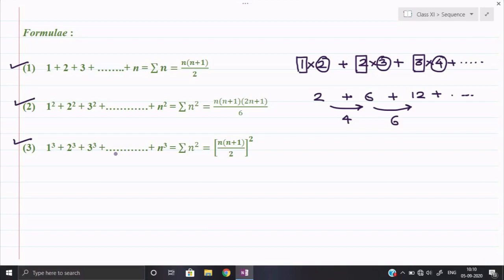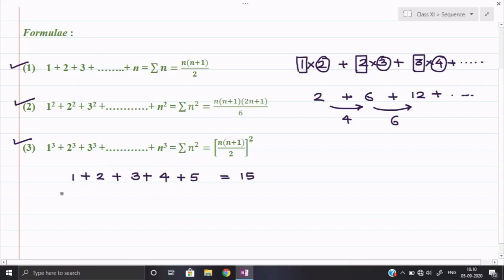You must have used this sum last year in AP also. Suppose I require the sum 1 plus 2 plus 3 plus 4 plus 5. Manually, if I add, 5 plus 4 is 9, 9 plus 3 is 12, 14, and plus 1 is 15. Directly I can say manually it is 15.